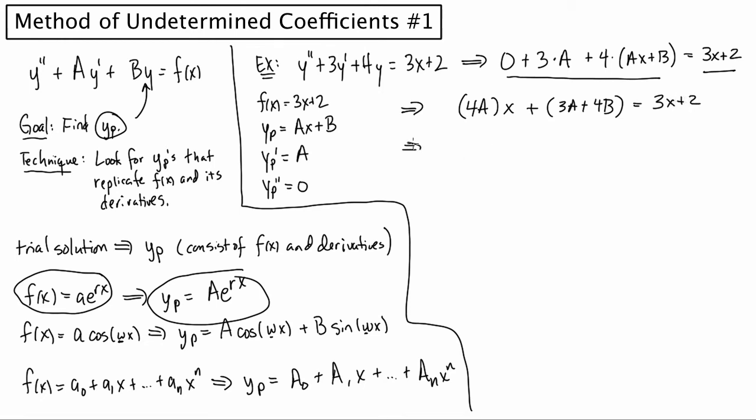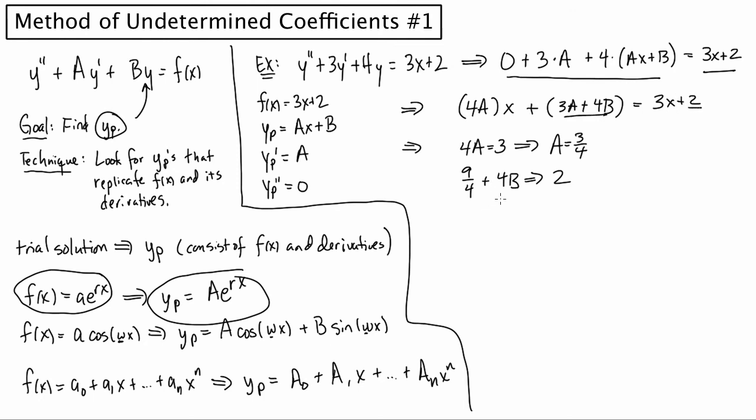So if I equate coefficients now, 4a should be equal to 3, which means that a is 3/4. And 3a plus 4b, since a is 3/4, that's going to be 9/4 plus 4b should be equivalent to 2, because the constant here should be equal to the constant here, which is 2.